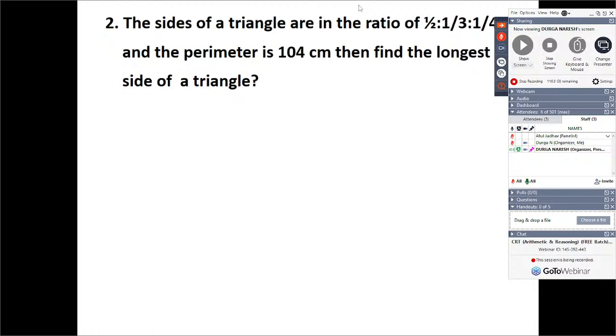The sides of a triangle are in the ratio 1 by 2 is to 1 by 3 is to 1 by 4.